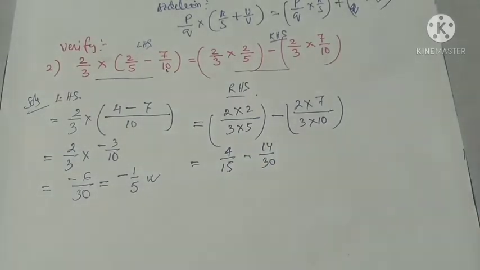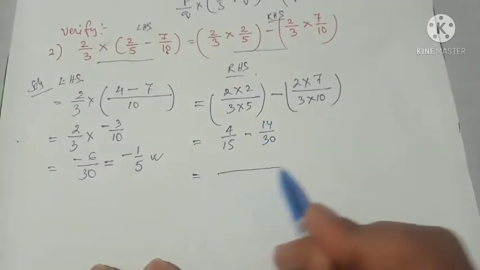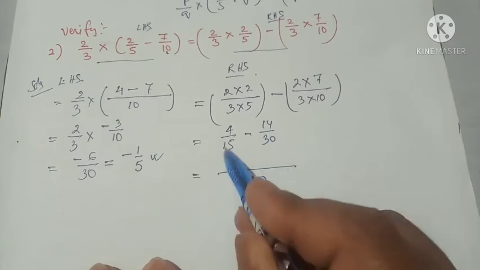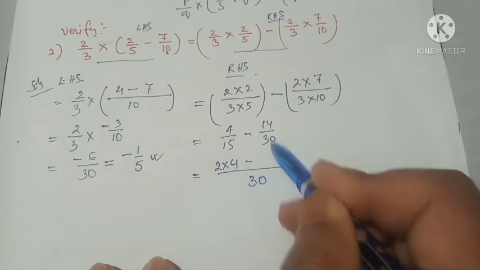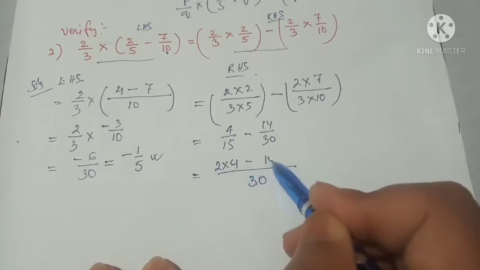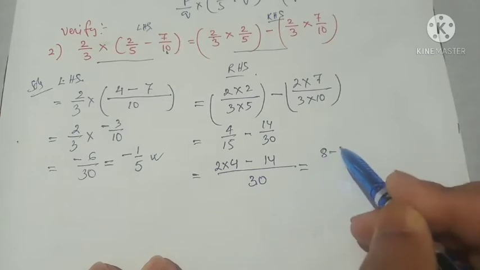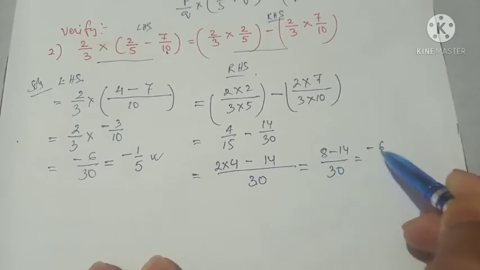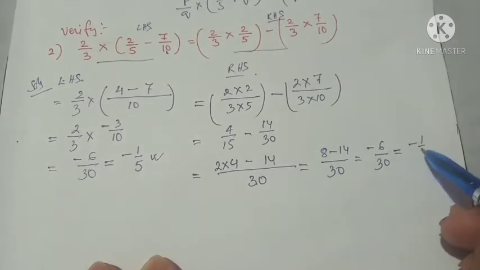If you take the LCM of 15 and 30, the LCM is 30. So 30 divided by 15 is 2, into 4 is 8. And 30 divided by 30 is 1, so 14. So here comes 8 minus 14 by 30. The answer will be minus 6 by 30. If you divide by 6, then the answer will be minus 1 by 5.